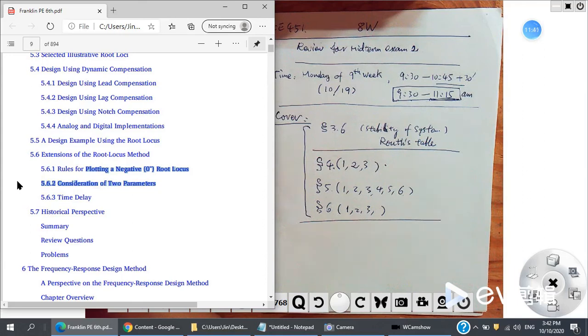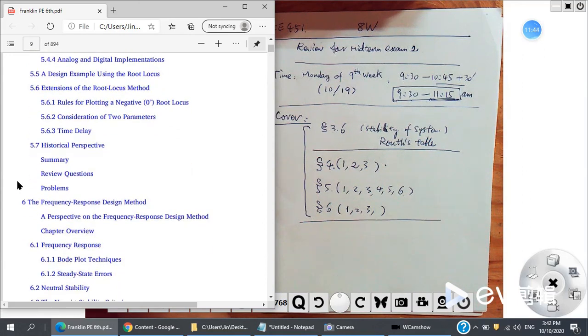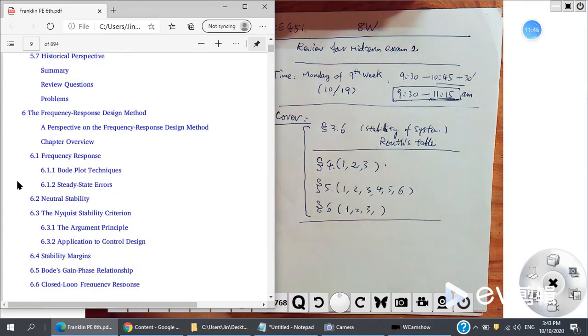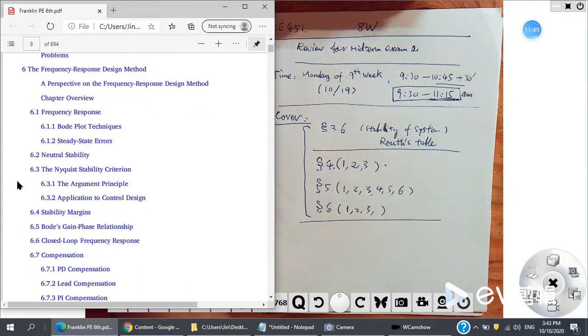No, I didn't consider the time delay. And then chapter 6 we have 1, 2, 3 sections. We have both how to plot, and how to apply it in the control. In the control, the main result is how to find the neutral stability point, the marginal point. And then section 3 is an adequate stability criterion. Okay, so we have these 3 sections. Alright, so this is the coverage of the material in the textbook.